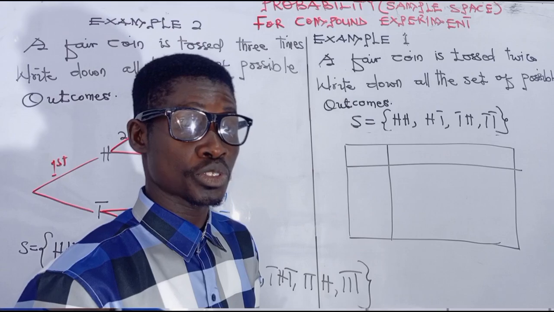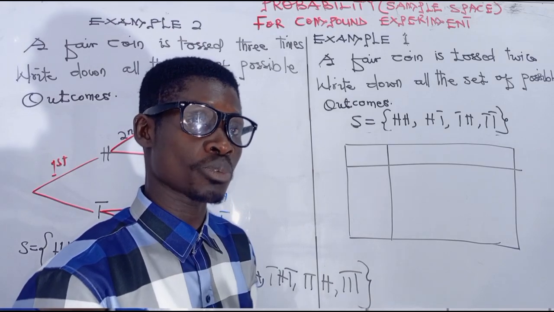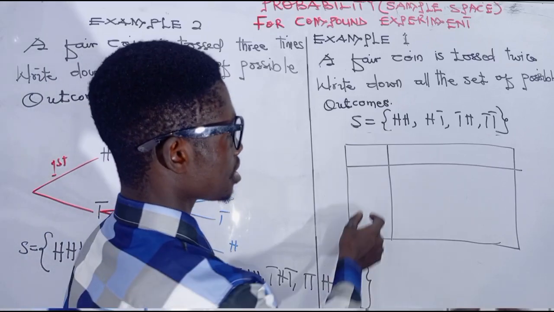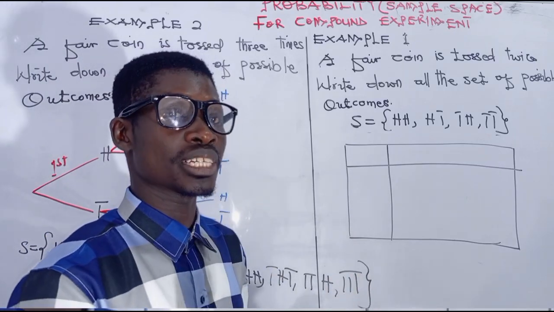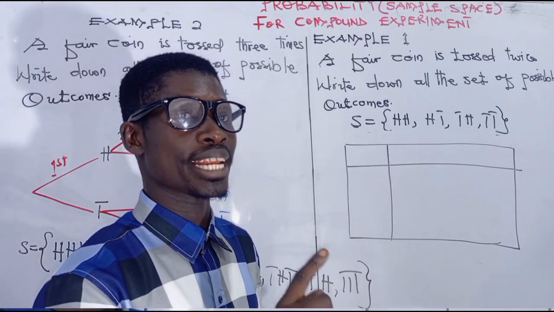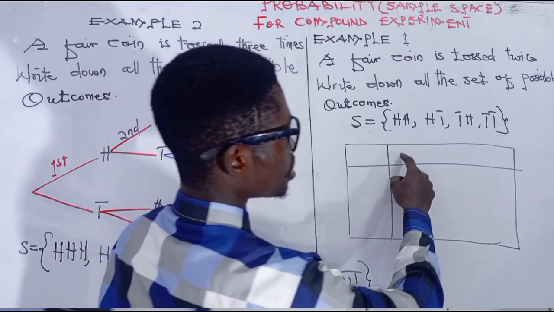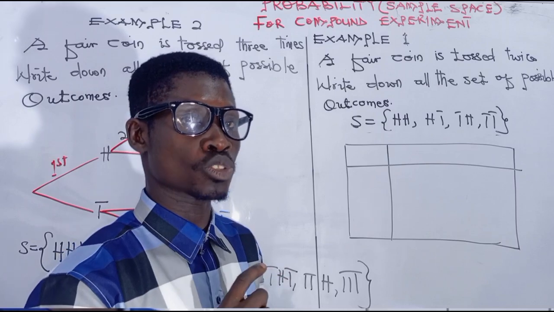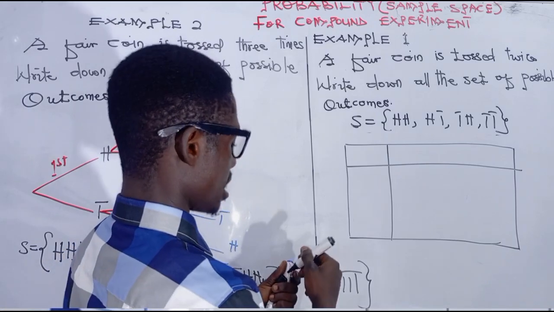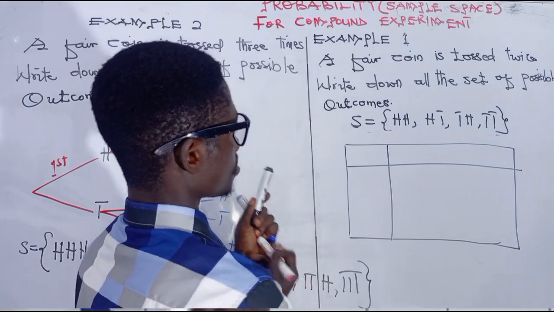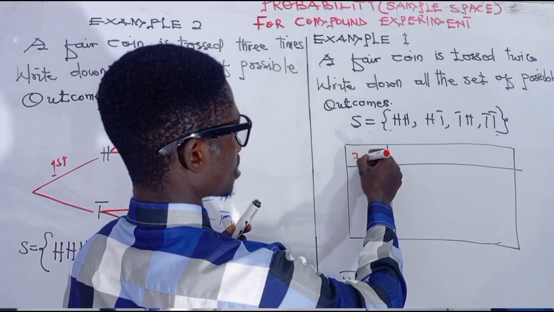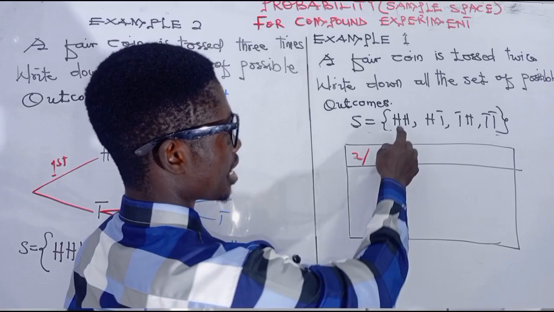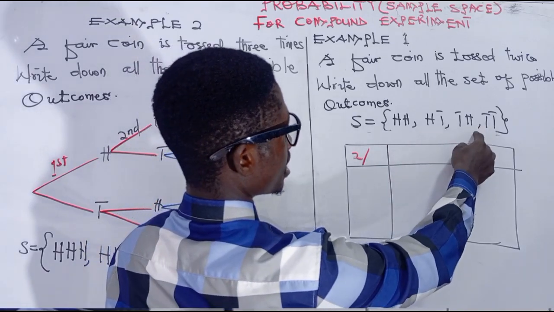So using the table to write down all the set of possible outcomes when a coin is tossed 3 times, we are going to use this column to represent all the set of possible outcomes when a coin is tossed twice. And then we are going to use this row to represent all the set of possible outcomes when a coin is tossed once. When a coin is tossed twice, the set of possible outcomes are head, head, head, tail, tail, head, tail, tail.